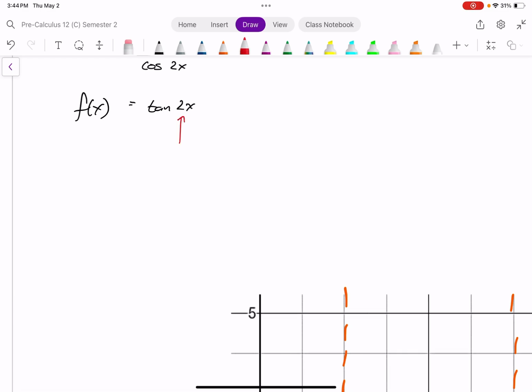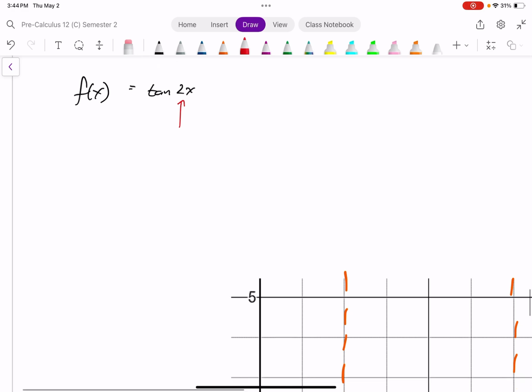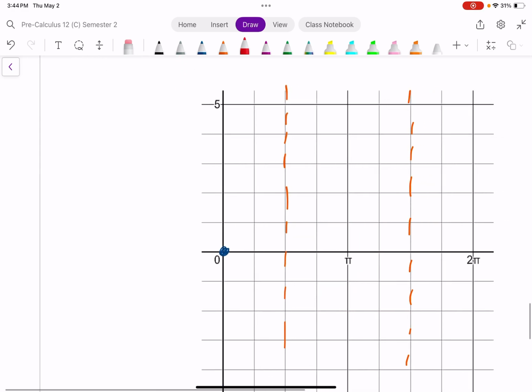That means my asymptotes are not, for example, this first asymptote is not at pi over 2, it's at pi over 4. So it's right here. And this next asymptote, instead of being at 3 pi over 2, is at 3 pi over 4, which is right here.